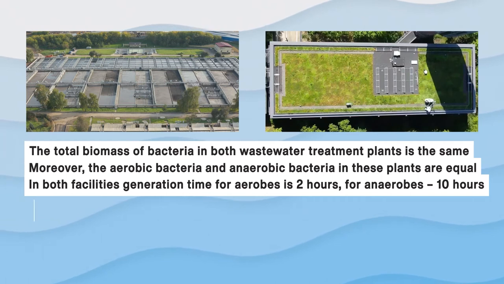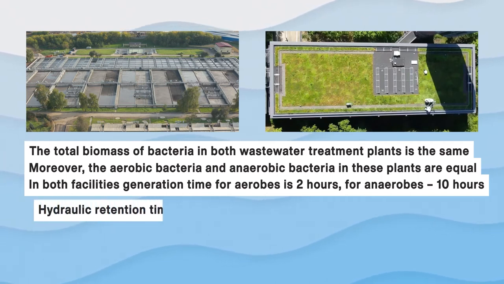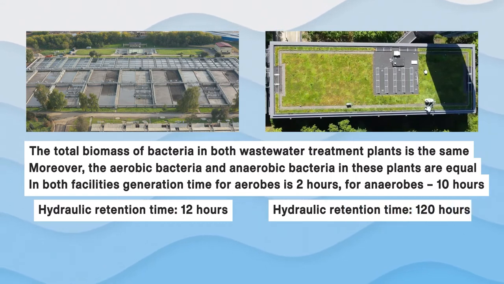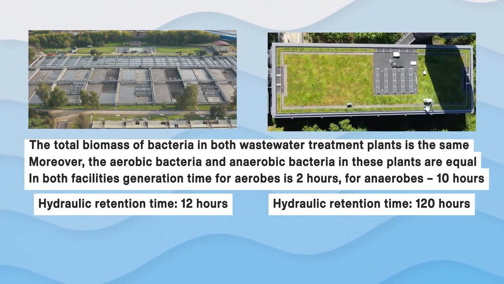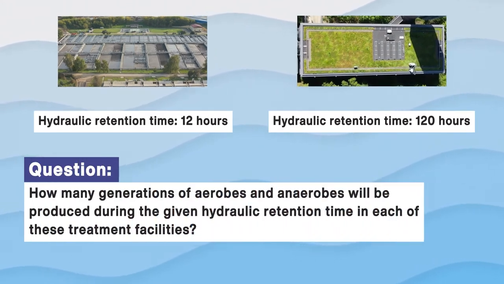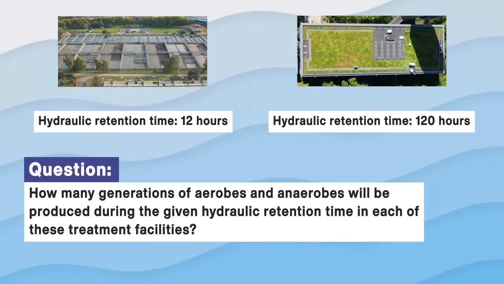In addition, hydraulic retention time in activated sludge systems is 12 hours and 120 hours in the constructed wetland, respectively. The question is, how many generations of aerobes and anaerobes will be produced during the given hydraulic retention time in each of these treatment facilities?